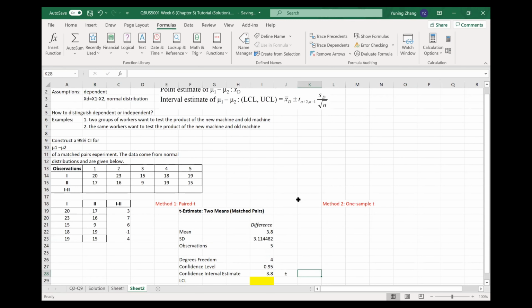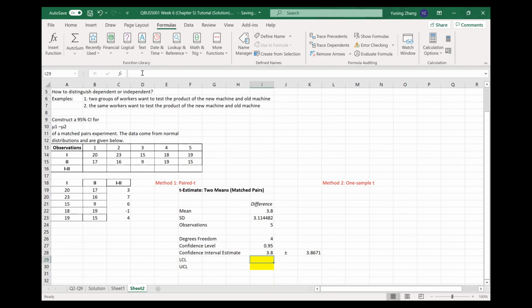And we plus t times standard deviation divided by square root of observation numbers.